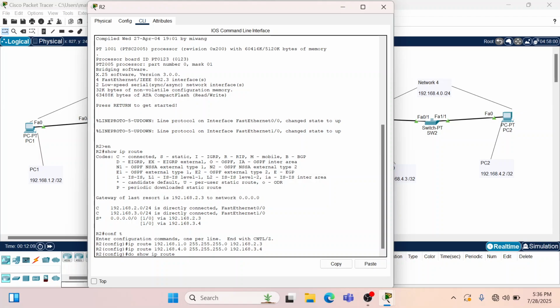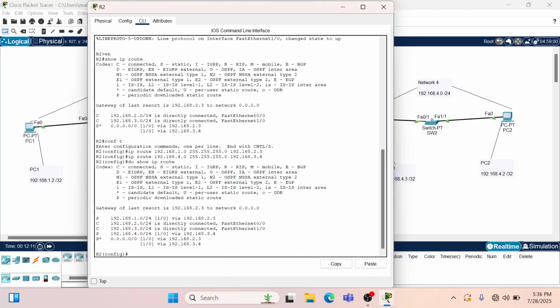All right, now let's look at our IP routing table. Perfect. So now we have two static routes on router 2. We have the one that takes us back to network 1, so it's going to send all the traffic headed towards network 1 to 192.168.2.3.